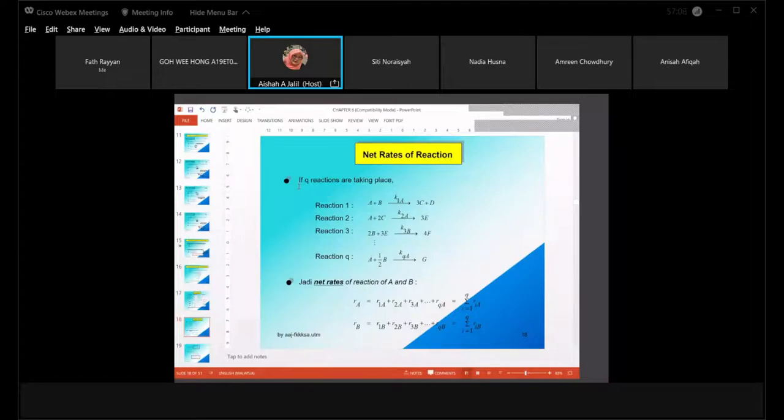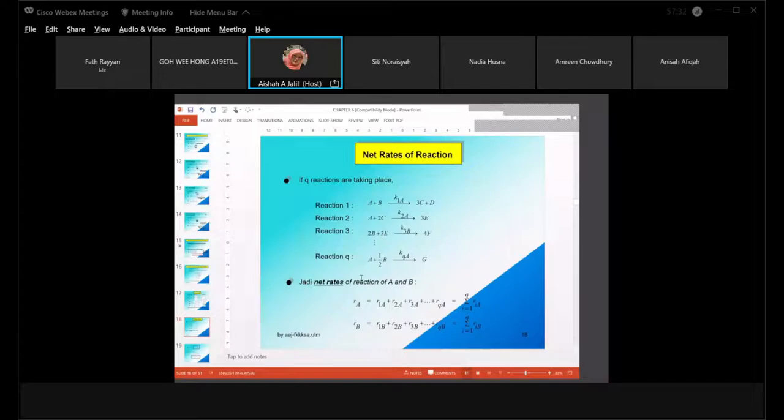Let's consider Q number of reactions. So you have reaction 1, reaction 2, reaction 3, reaction 4, until reaction Q. You can see each reaction: A plus B to C, 3C plus D, A plus 2C to B, and so on.